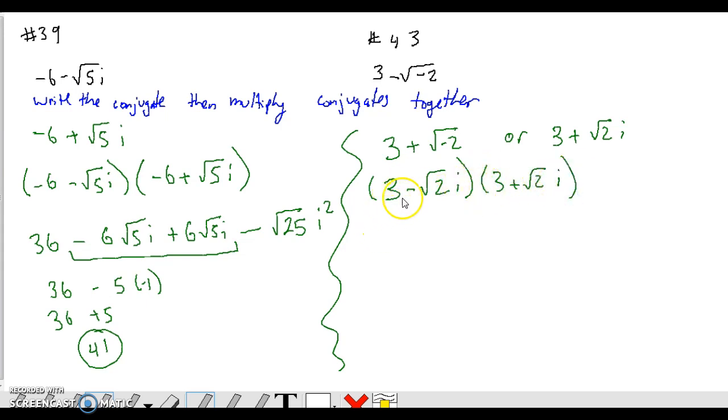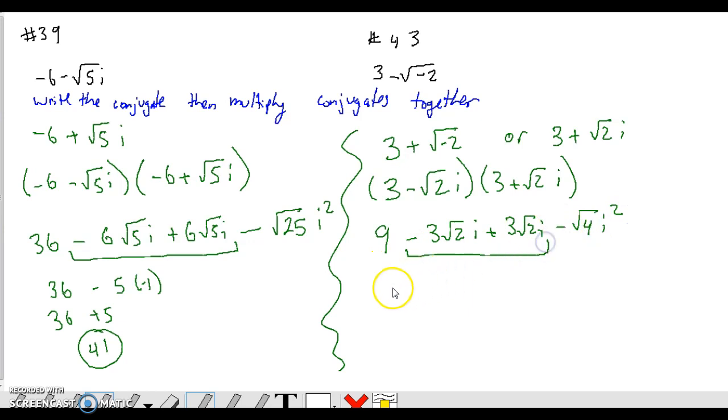And let's do the same thing. So 3 times 3 gives you 9, minus 3 root 2i, plus 3 root 2i, minus root 4i squared. So again, notice that these cancel out. 9 minus 2 times negative 1, which turns into 9 plus 2, which gives us an 11.